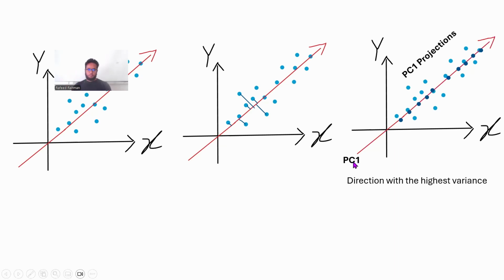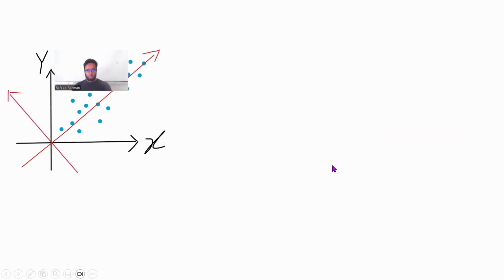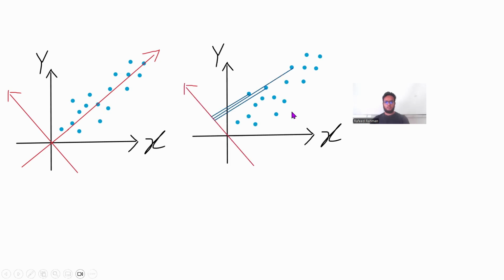Now, PC1 is good, but there are other things as well. We can also draw another axis right here. You know that the x and the y-axis are perpendicular to each other. That means they are 90 degrees. So the other axis we can also draw perpendicular to the PC1 axis. So this is that axis. Now we can also take the projection of the points onto this axis and they will look something like this.